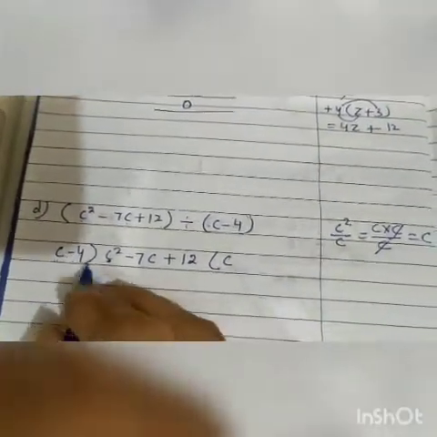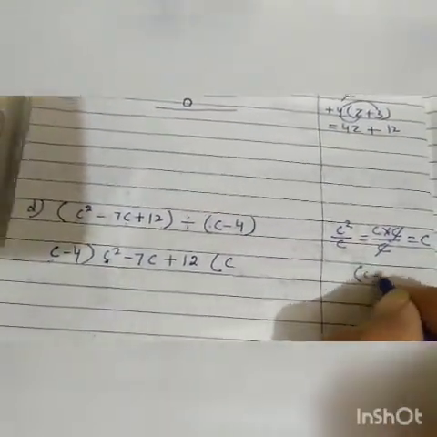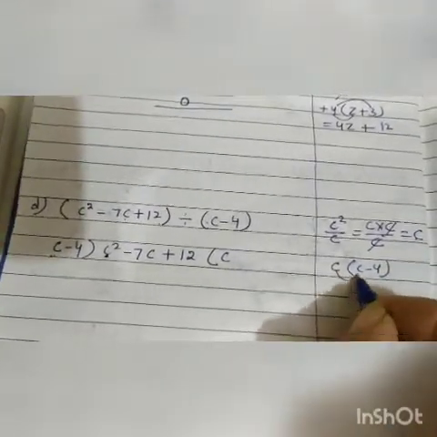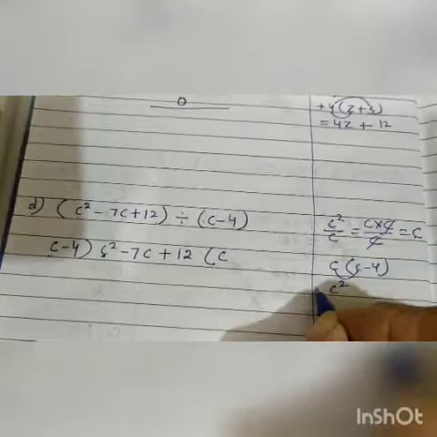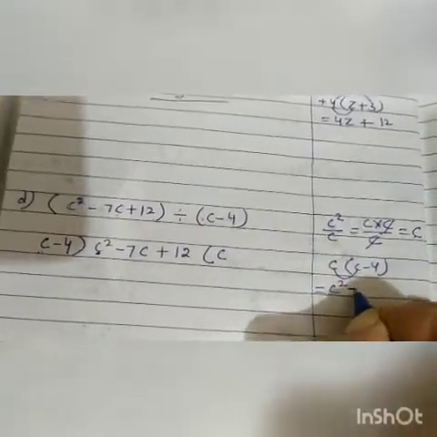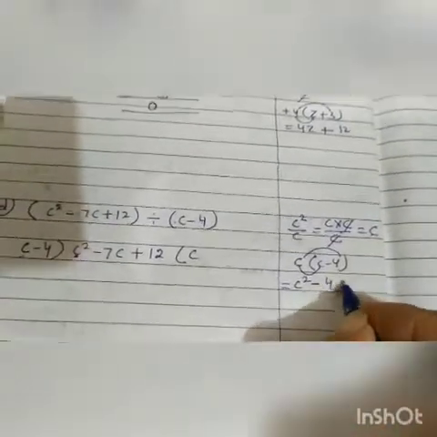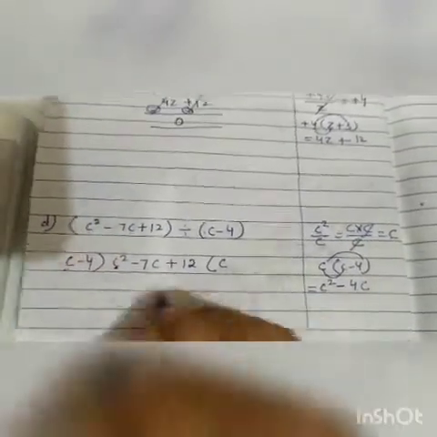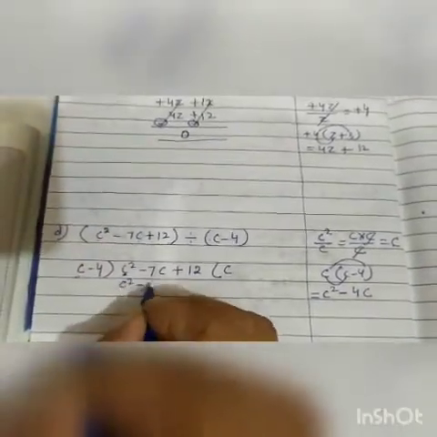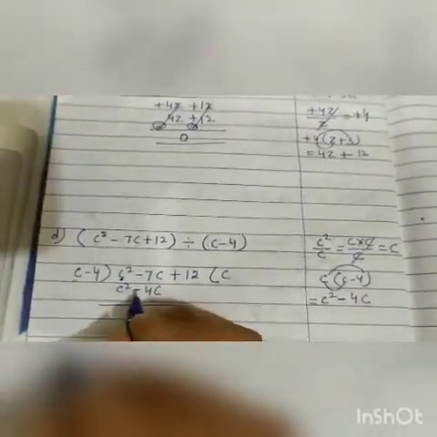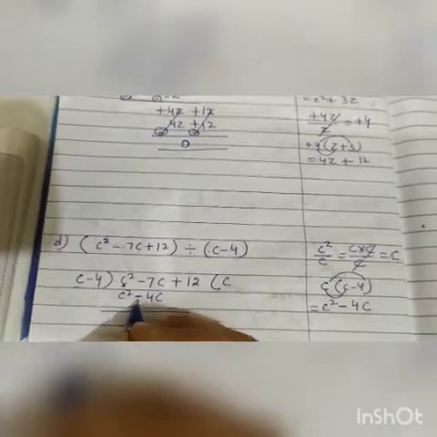Now this c minus 4 will be multiplied by this c. So c multiplied by c will be c square. Now this minus c multiplied by 4 will be 4c. So we will write this c square minus 4c here. Now change the sign. This minus will change to plus.